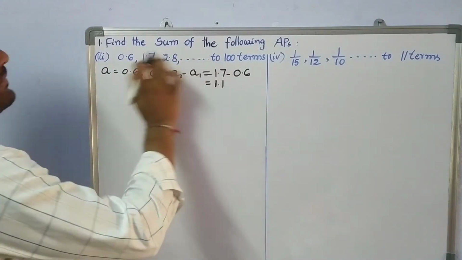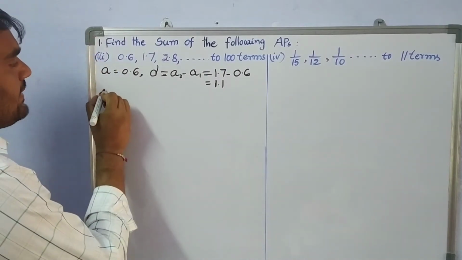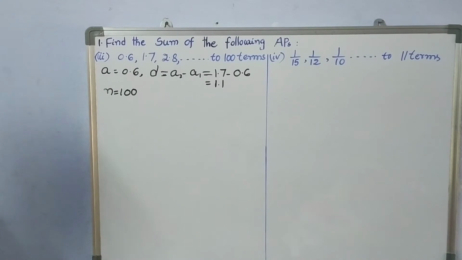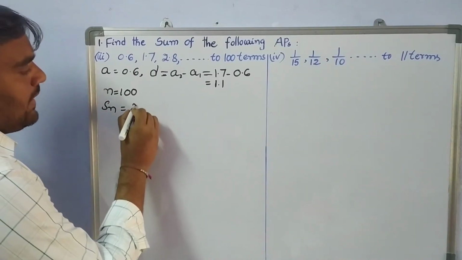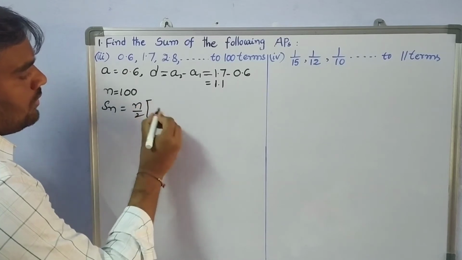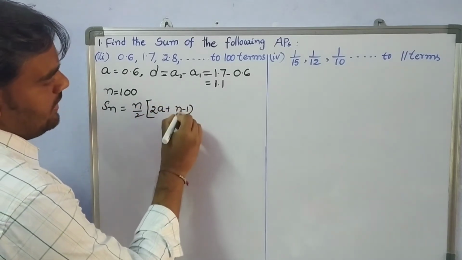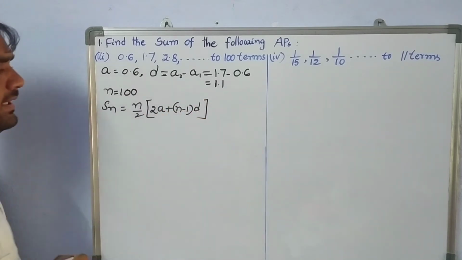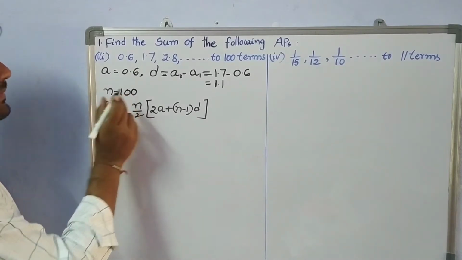Next, the number of terms in this arithmetic progression is 100. So n is equal to 100. After that, Sn is equal to n by 2 into 2a plus n minus 1 into d. So here n is nothing but 100.